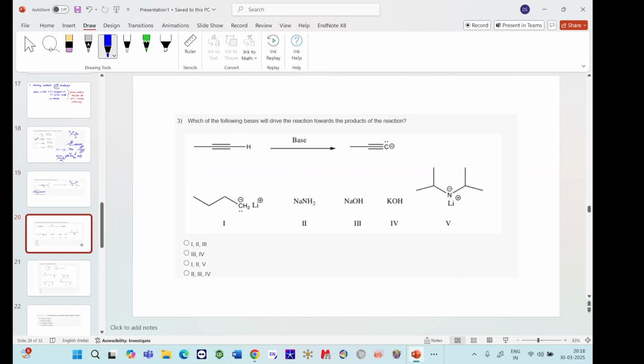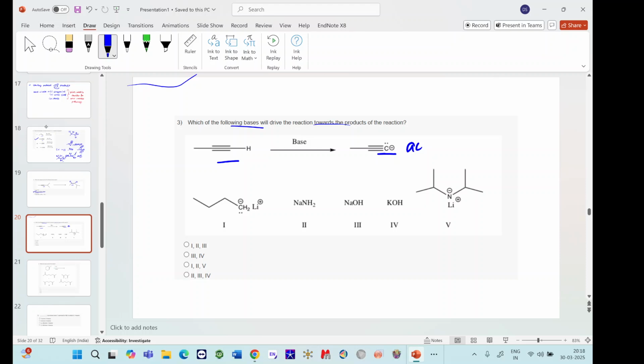Okay, move to the next question. RCCH is given. Which of the following bases will drive the reaction towards the product?